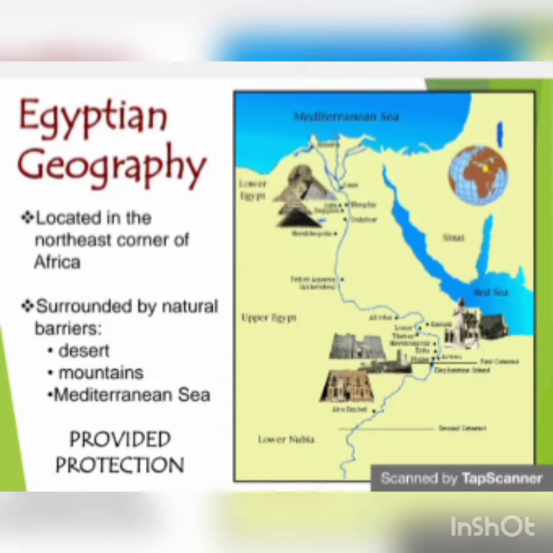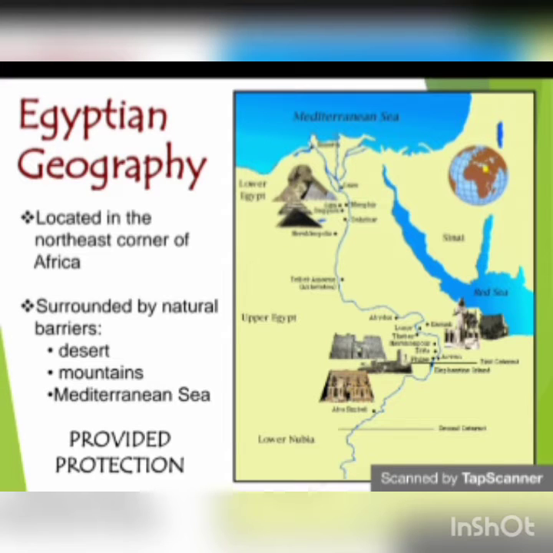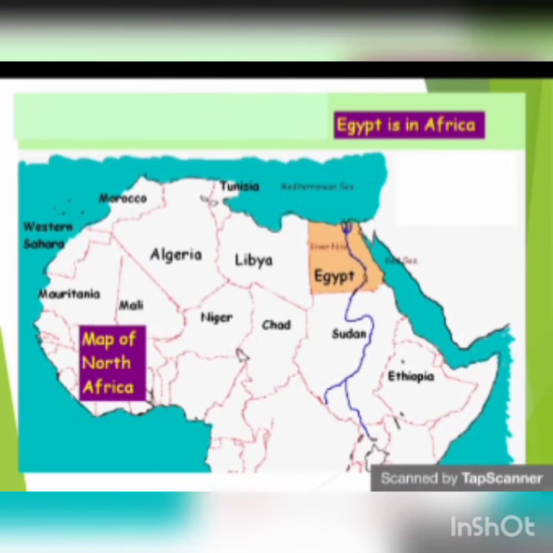So it is covered by desert, mountains, and the Mediterranean Sea, which provides protection for the country. And you all know that Egypt is an African country.